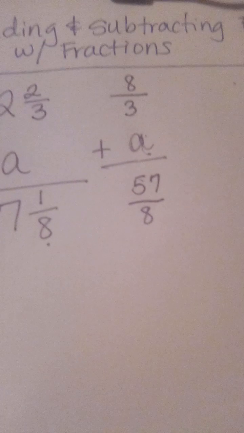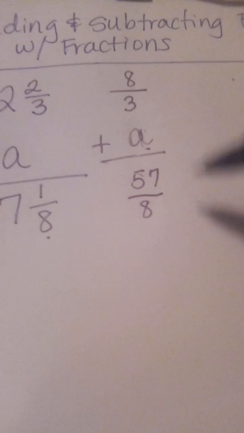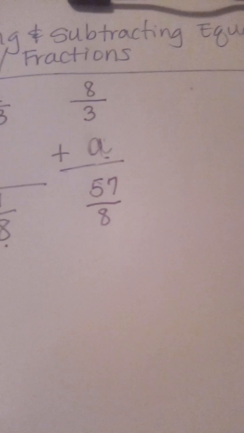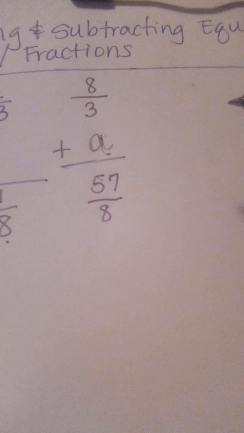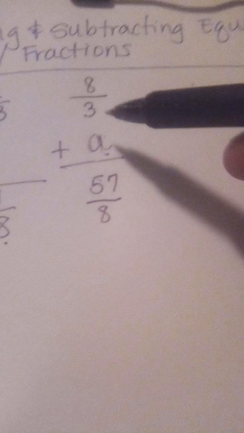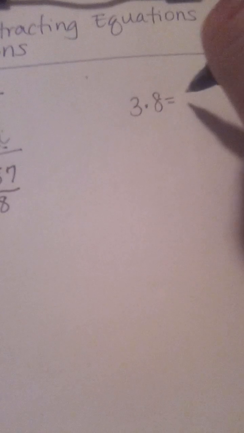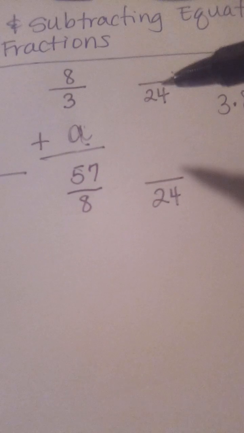Now what we have to do is find the common denominator of 3 and 8. What number do we get for the common denominator? Let's try 3 times 8, which equals 24. That's our denominator. Okay, now we've almost cleaned it up just a bit.